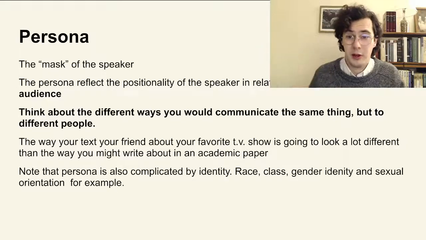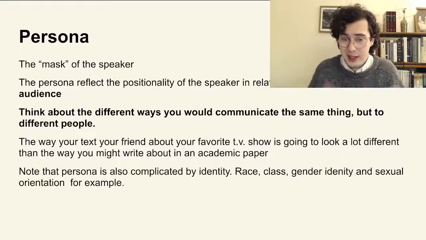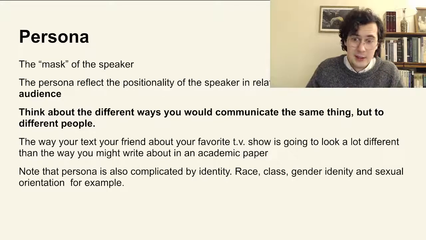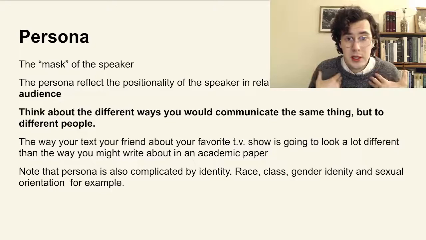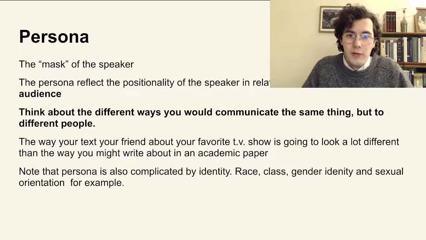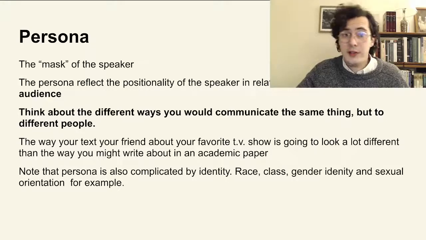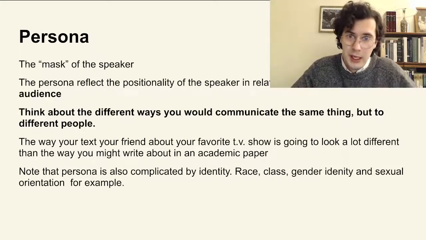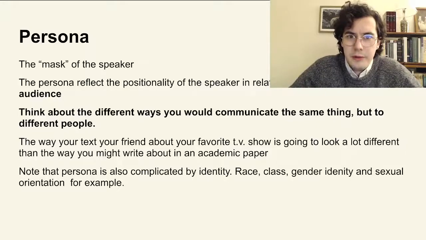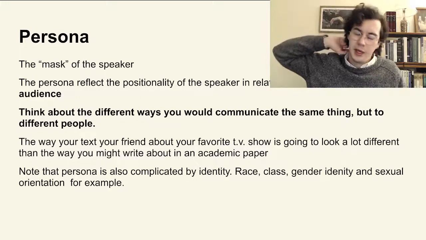Some of the immutable characteristics that make the person who they are, whether that's the individual's race, their ethnicity, their nationality, their class, their gender, their sexual orientation, their status as neurodivergent, right? Each one of these factors plays an important part in the perception of the audience and the individual's rhetoric. I'll link to a few studies in the lecture notes that I find particularly helpful in unpacking this topic.